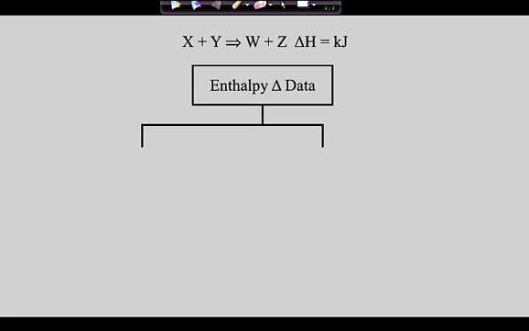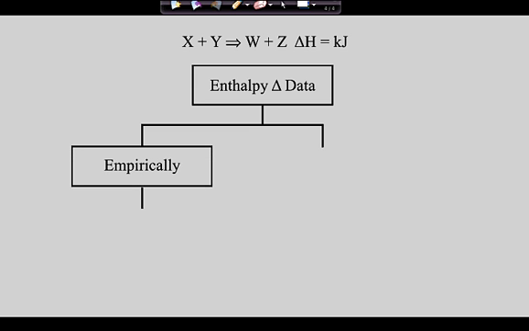Now guys, the answer is 2 places. Sometimes we'll get this enthalpy data empirically. What does that mean? From lab. And guys, when we do, there's a name for that process. It is called calorimetry.